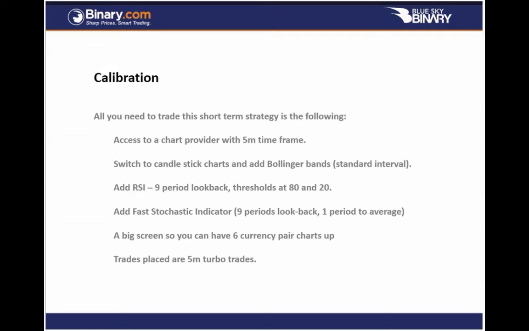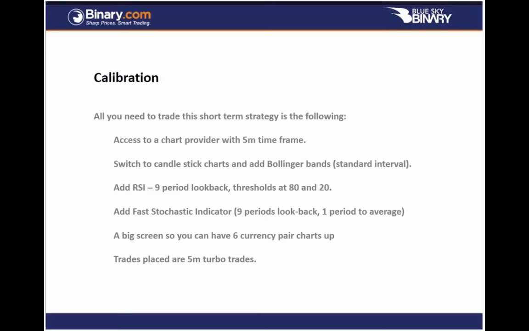Add RSI, 9-period look back and thresholds of 80 and 20. Notice here, we recommend 80 and 20, not 70 and 30, so that you have more opportunities between these two levels. Add the fast stochastic indicator, 9 periods look back, 1 period to average.